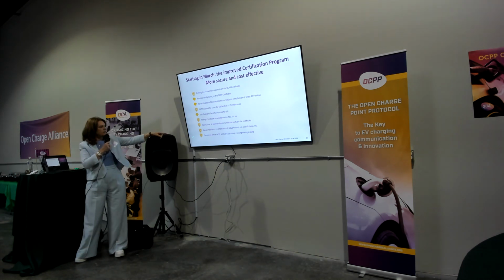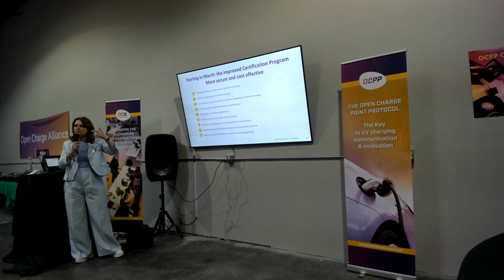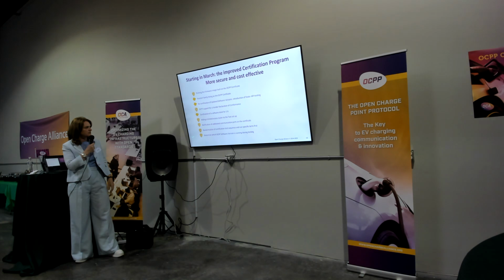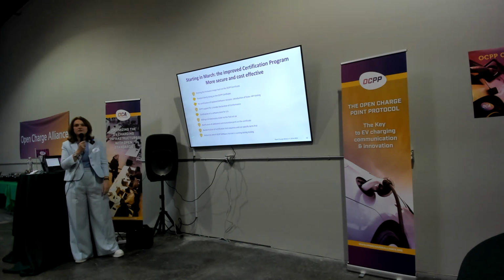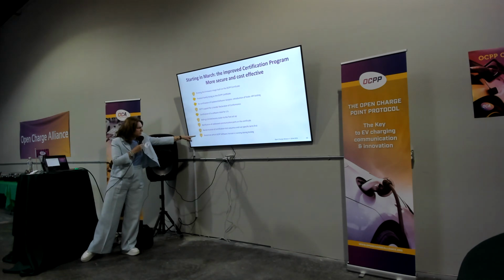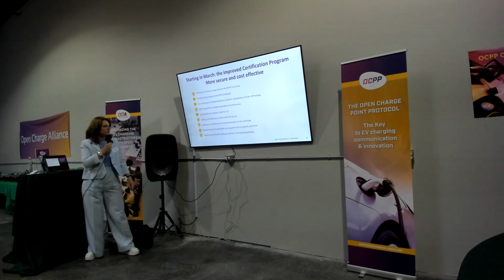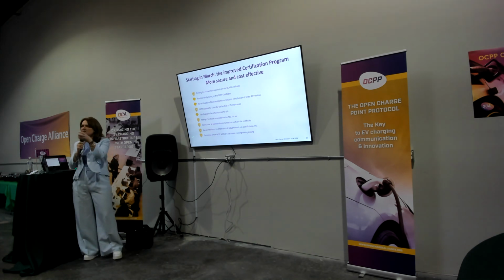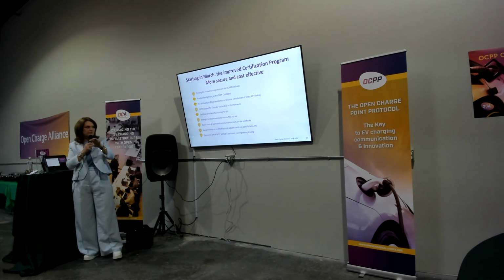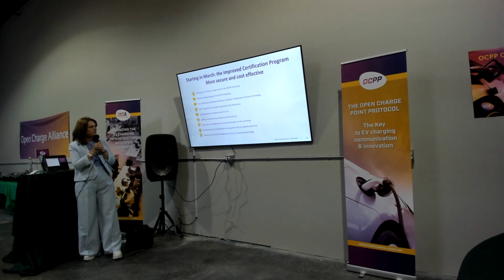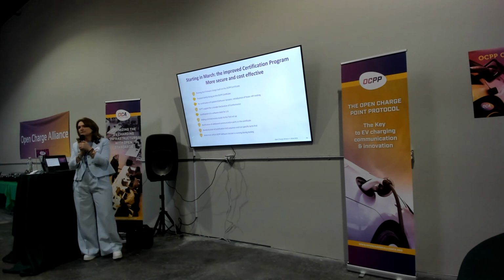So by randomizing the tests, it's harder for you to mock an OCPP compliant charging station and not be truthful in that way. And the last one is to determine which OCPP software version is running during the testing. That's also important, that the charger under test communicates via message that this is the actual software version I'm using, which should be the same software version that will eventually be on the certificate.